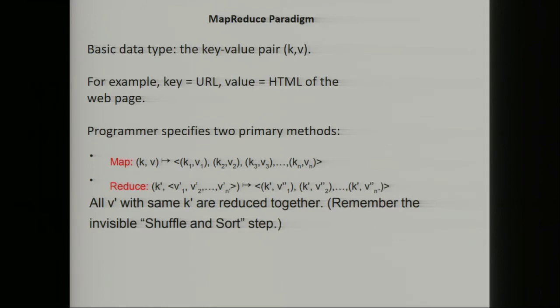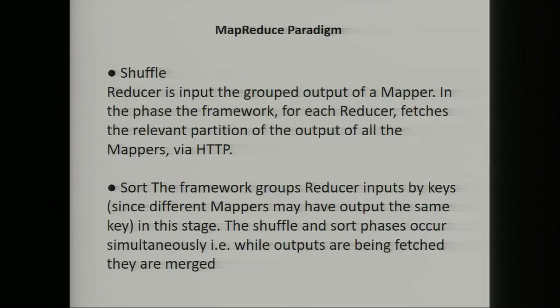Next, all V dash with the same K dash are reduced together. Remember the invisible shuffle sort step, which happens in the intermediate part. With this we understand how the whole programming aspect has to be worked out. So we'll go with shuffle. The reducer's input is the grouped output of a mapper.